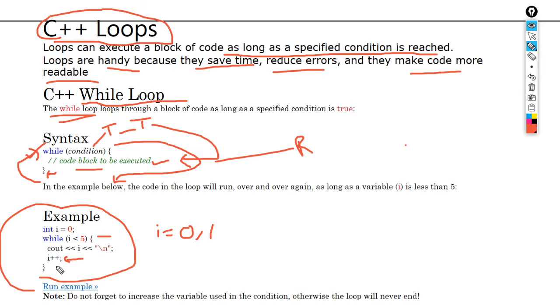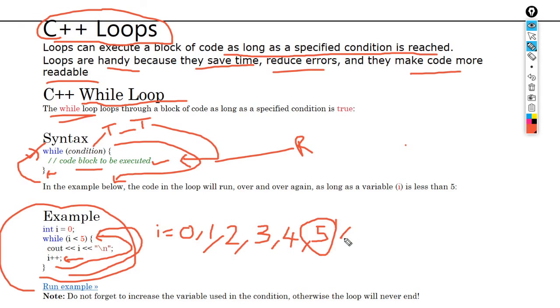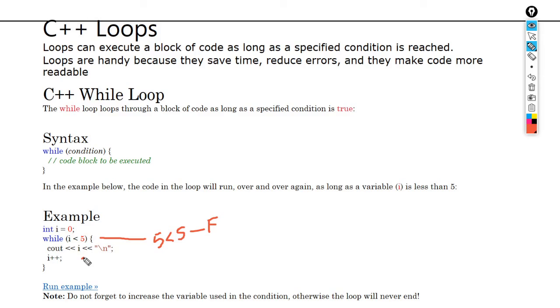Again it will go back and check the condition with i as 1. 1 is less than 5, true, then it will print the value 1, and then increment, and now i becomes 2, then again it will go back, check the condition, print, and increment the same way till 4. Then it will make the value 5. Now what is happening here? 5 is less than 5, the condition becomes false. Then it will come out of the while, right?